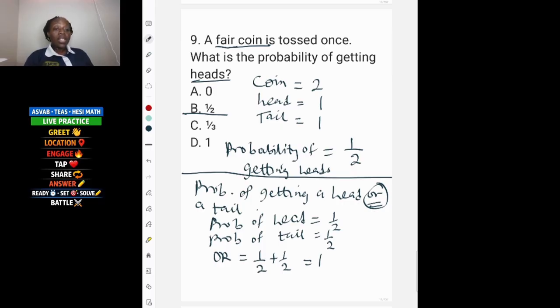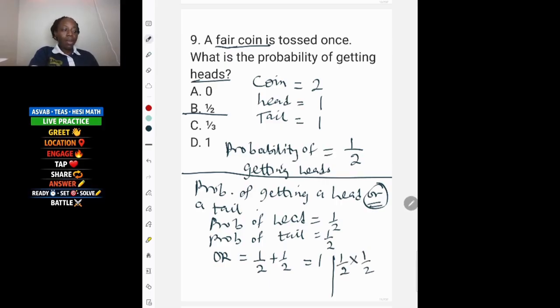So if two coins are tossed at the same time, what will be the probability of having a head and a tail? For and, or both, you use multiply. If you are talking about having a tail and a head, that will just be 1/2 times 1/2.